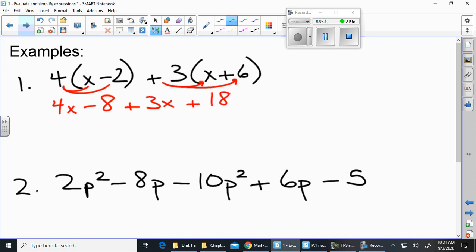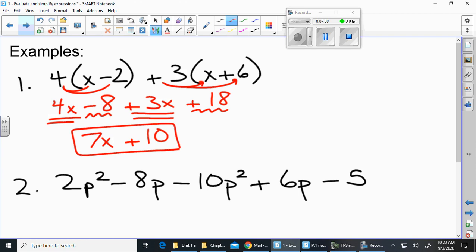Now do what you see. Collect like terms. 4x plus 3x is 7x. I have a -8 plus 18. Don't do 8 plus 18 and then make it a negative. -8 plus 18 is plus 10. That's your answer. You can't go any further. You've simplified.